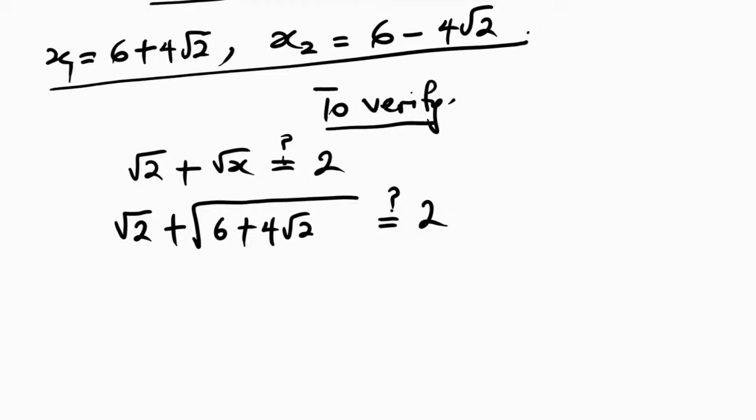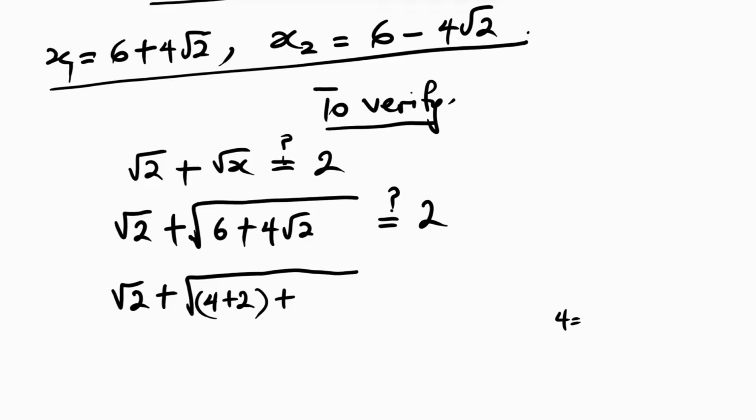Now we have root 2 plus, we need to try to get rid of the big square root. So we have 6. We can rewrite 6 to be 4 plus 2. And 4, we can also rewrite as 2 times root of 4.